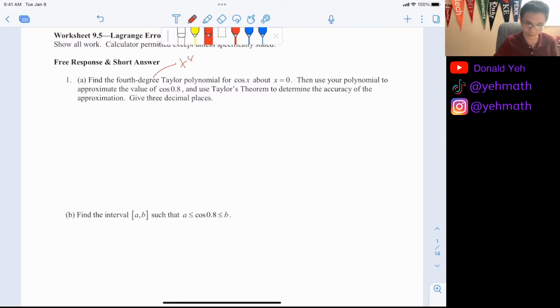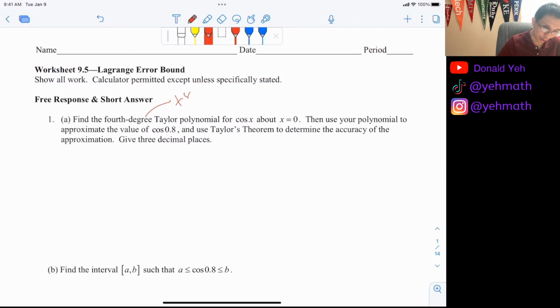Most commonly people think it's four non-zero terms, but it's also... Okay, so if they ever say fourth degree, then it's x to the fourth. Now, if they told you the first four non-zero terms, then you just list down the first four terms. That will usually end up being x to the third degree. It depends on what happened here.